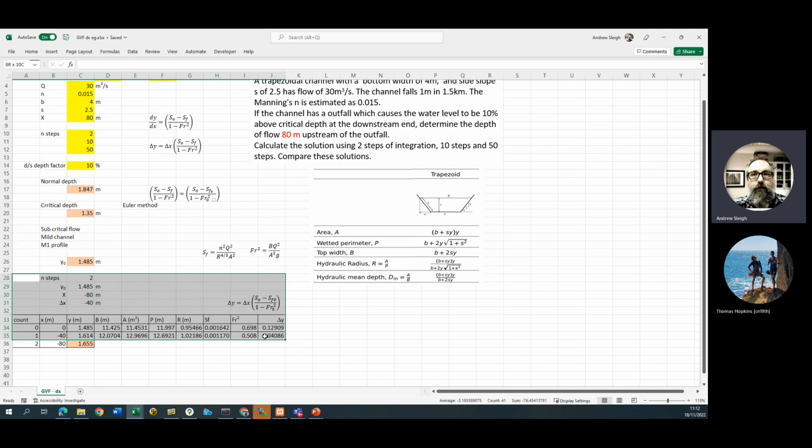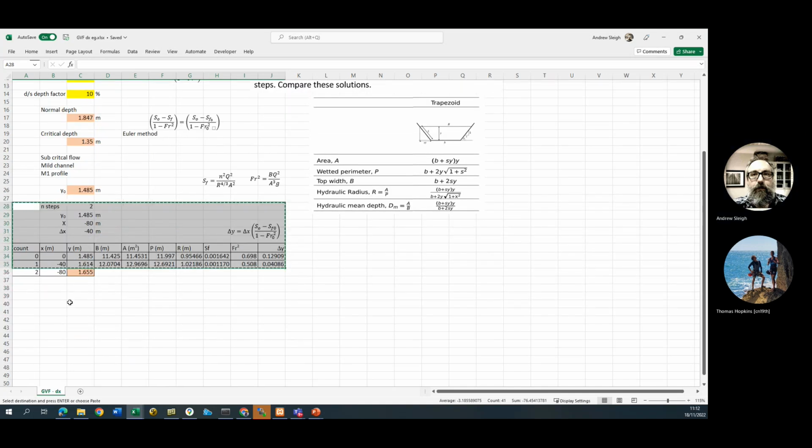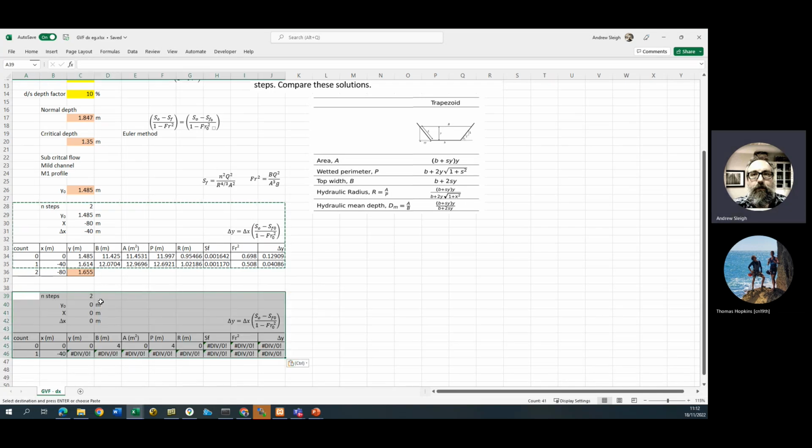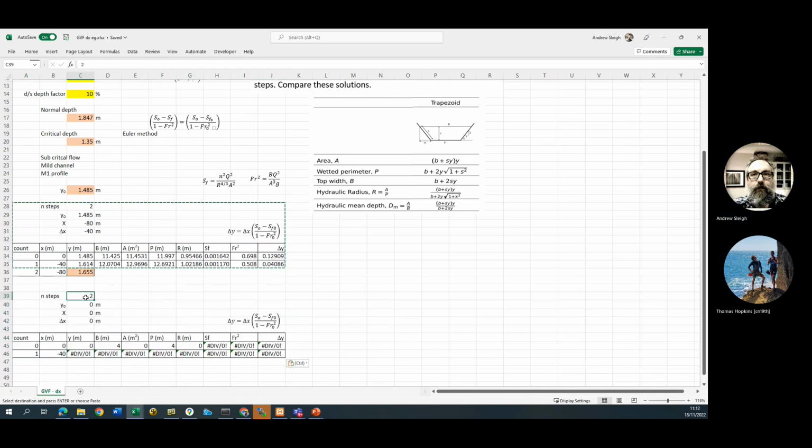So what I can do is highlight all of that lot, copy it and paste it here. Right, I'm going to put 10 in here, 10 in here. Okay, some things have gone wrong, but let's tidy it up. So this should be y0 is equal to the y0 we have before here, and I'm going to put that as a 4.